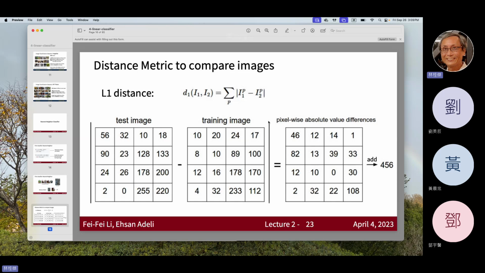The distance usually in machine training, the first one we mentioned last week, is the L1 distance, which is simply taking each of these pictures. The L1 distance is actually not defined for each individual picture. For each individual picture, we are supposed to come up with the final score for this particular difference.